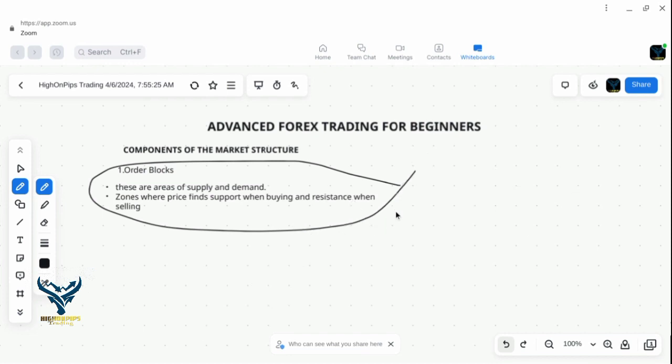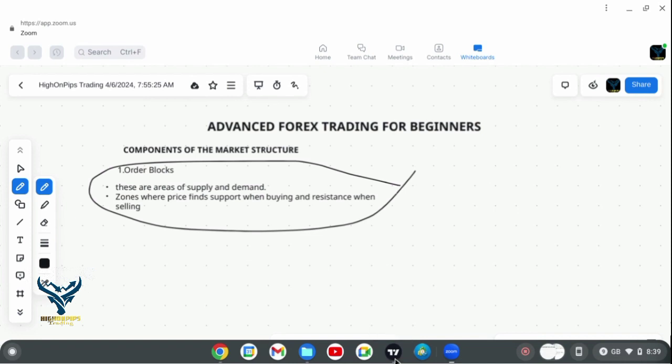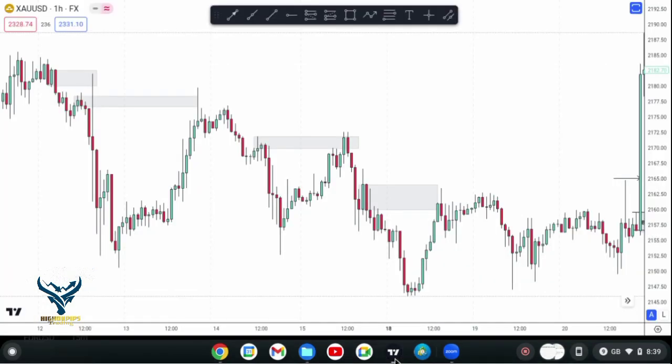Okay, pay attention. Now let us go to a real chart and look for order blocks in the market structure. Okay, so this is our gold chart.